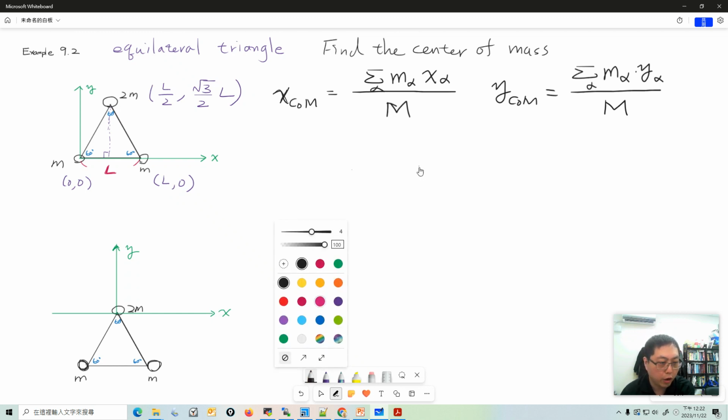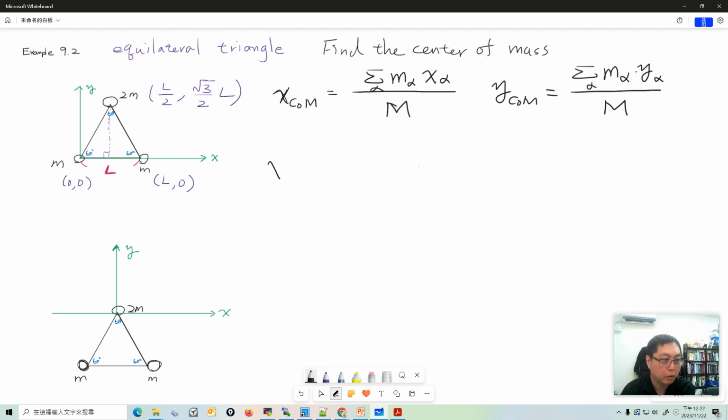So let's try. What's the XCOM? Summation of m alpha x alpha. Let's label this particle 1, this particle 2, and this particle 3.